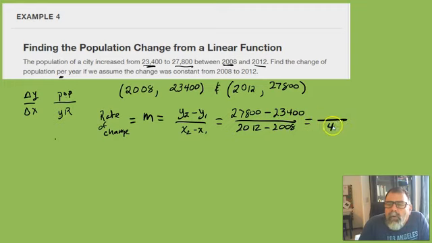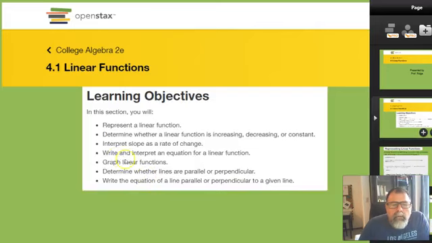So that would be 4 on the bottom, and 4,400 on top, which equals 1,100 people per year.